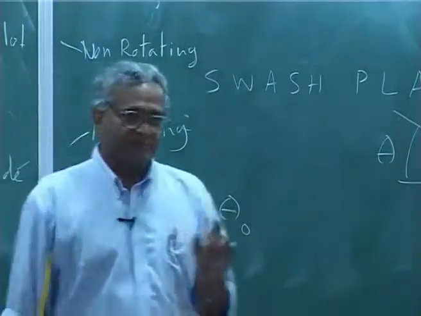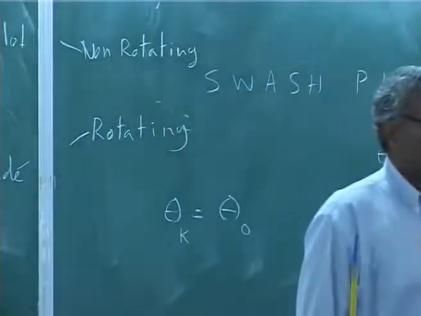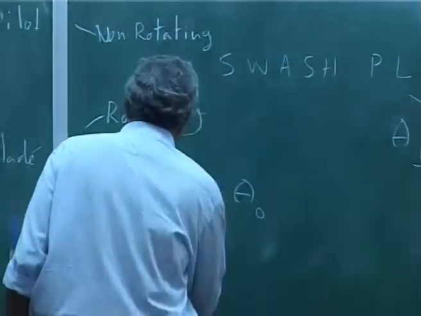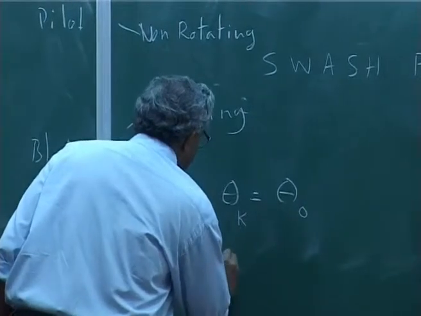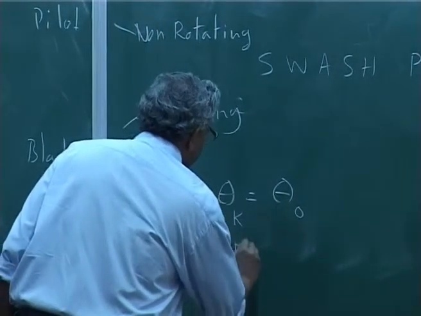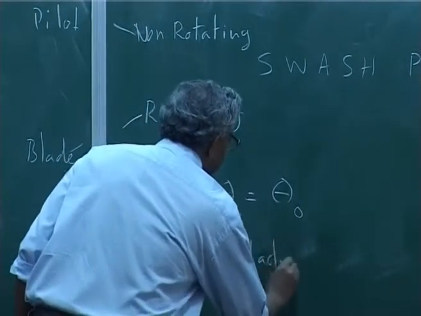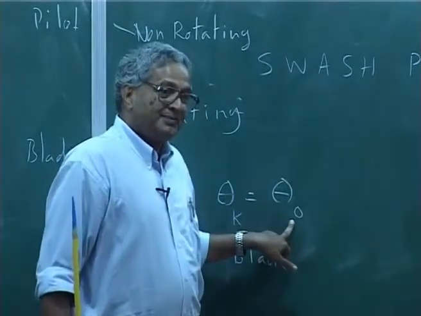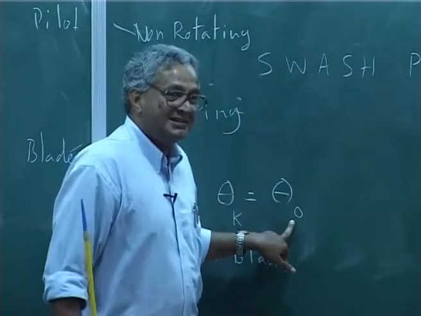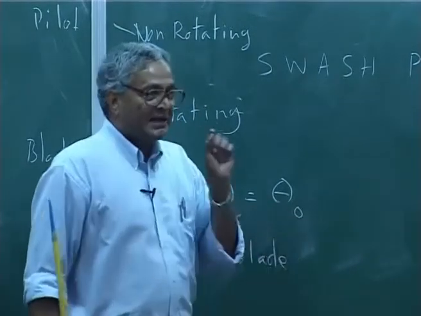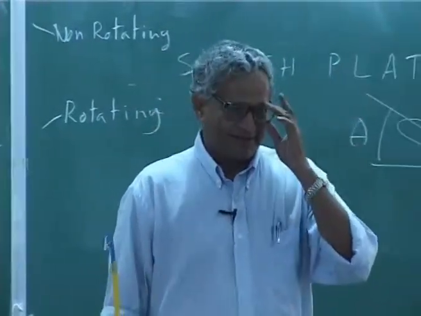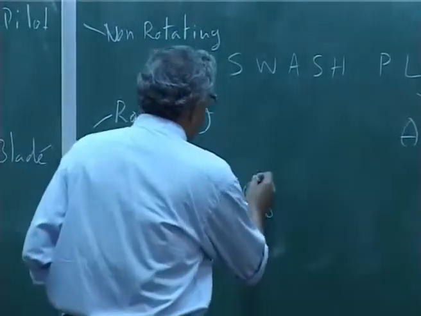We always use a subscript K to represent the kth blade. I put a 0 to indicate that this is a collective pitch input. This is called collective.